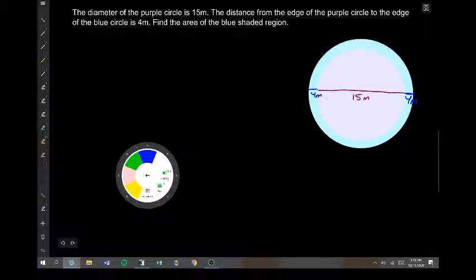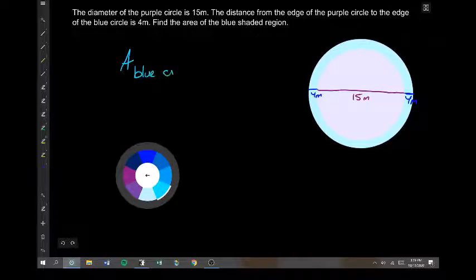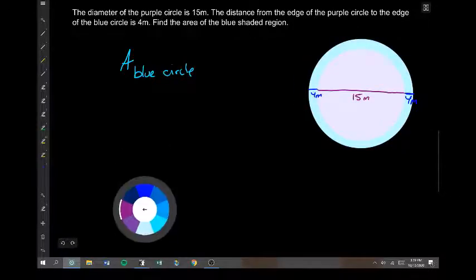Okay, here's the big old trick, the absolute key to this. Think of this as being the area of a blue circle. The area of this whole circle as if it were filled in, the area of the blue circle, minus the area of the purple circle.